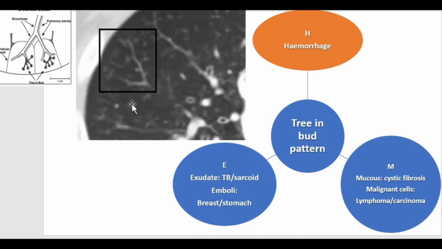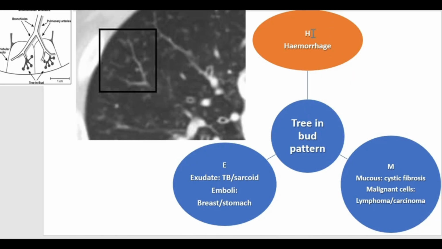is most likely filled with either hemorrhage or inflammatory exudate due to pulmonary tuberculosis or sarcoidosis, or filled with tumor emboli due to breast carcinoma or gastric cancer, or filled with mucus plugging due to cystic fibrosis, or malignant cells infiltration from adjacent pulmonary lymphoma or carcinoma.